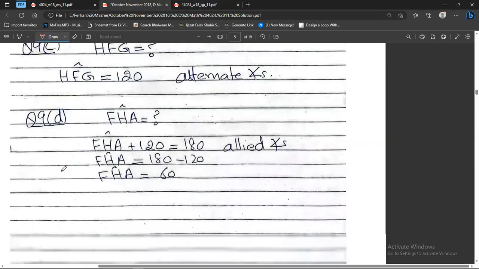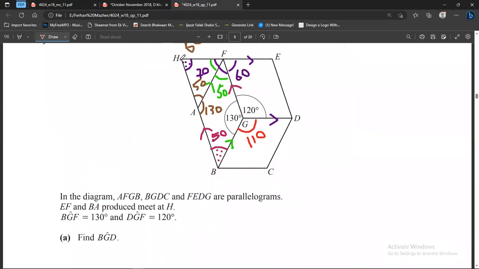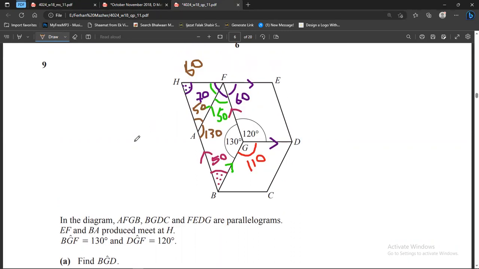Let me show you. FHA plus 120 is equal to 180. They are the right angles. So FHA is equal to 180 minus 120, so FHA will be equal to 60. Another good thing: these two are parallel lines. So if this angle is 120, this angle will be 180 minus 120, that will be 60.